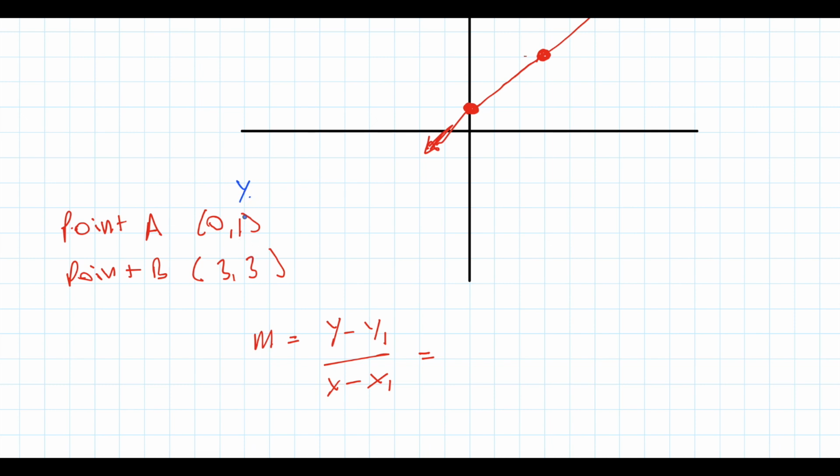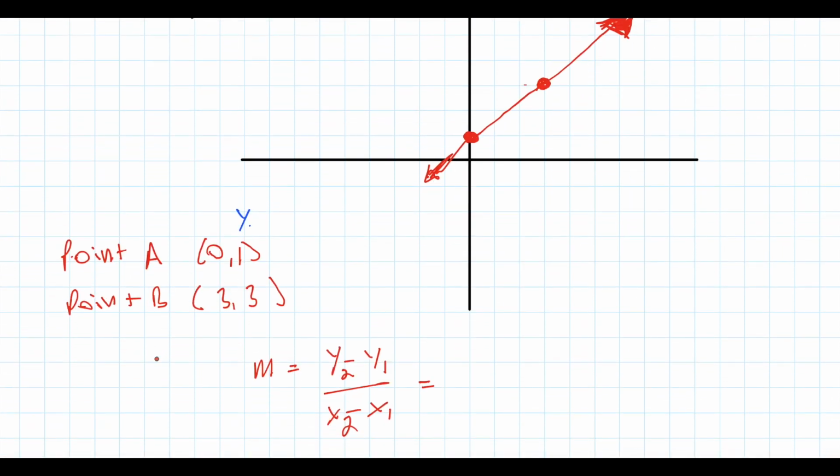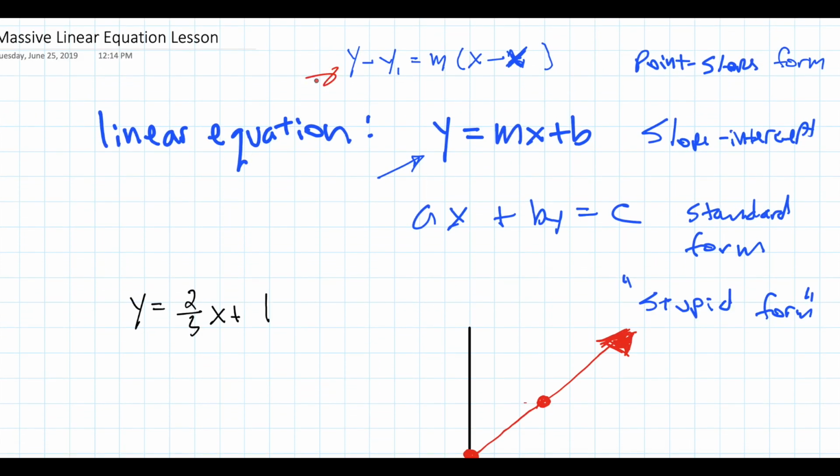Okay, that's cool. Oh, and this is wrong. It's actually y2 minus y1 over x2 minus x1, but it'll work the way you did it. It's the exact same equation. If you do a little bit of algebra, this one here is actually this equation.